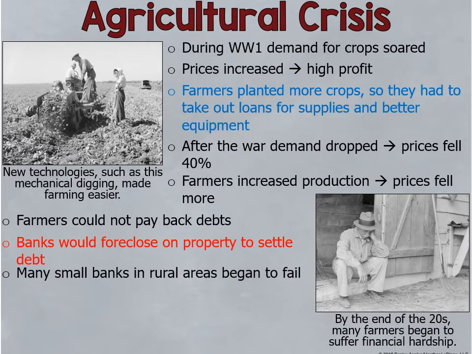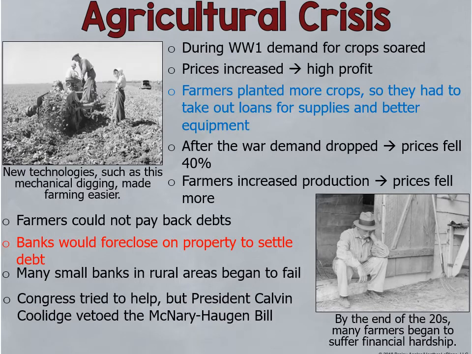Even small banks in rural areas, which you guys will remember is out in the country outside of the city, they started to fail as well. Congress tried to help, however, at such a magnitude and all of the other problems that are occurring at this time, there was only so much they could do.